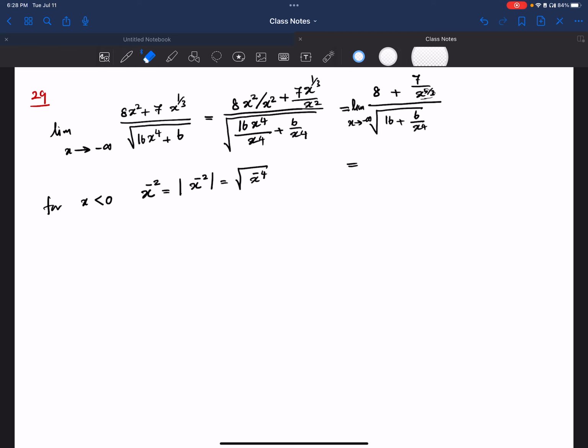So it's going to be 8 plus 0, divided by the square root of 16 plus 0. So it's 8 over 4, which is 2. And that is 29.